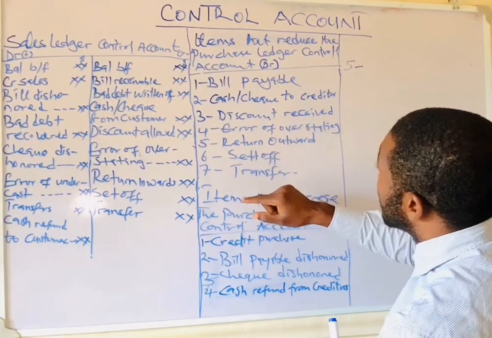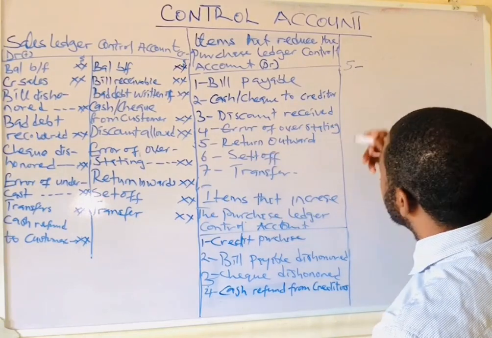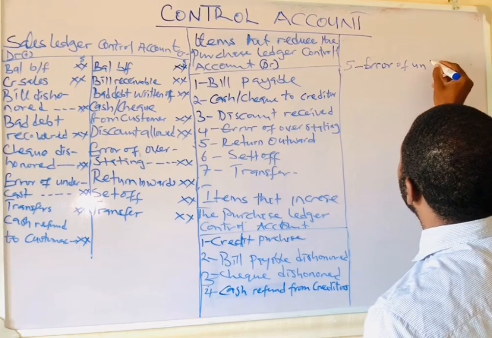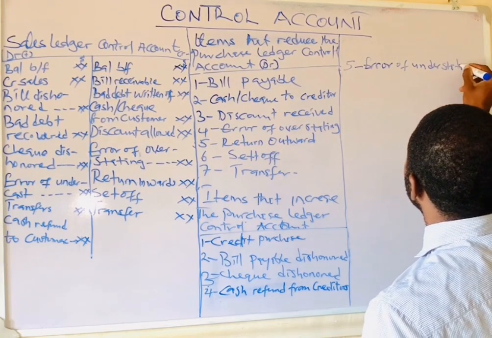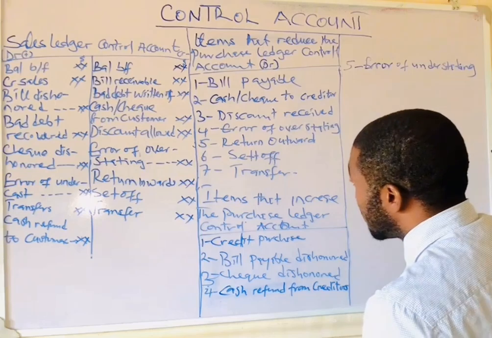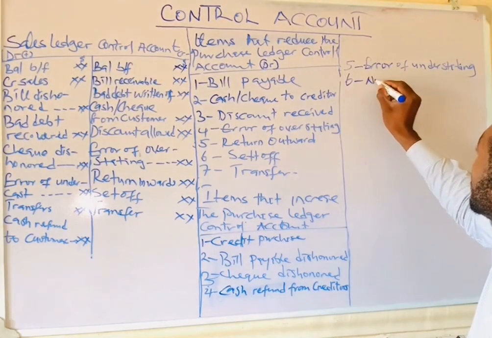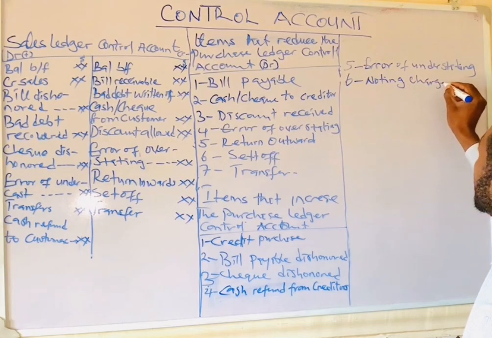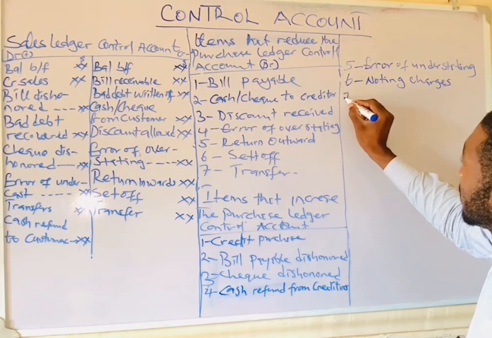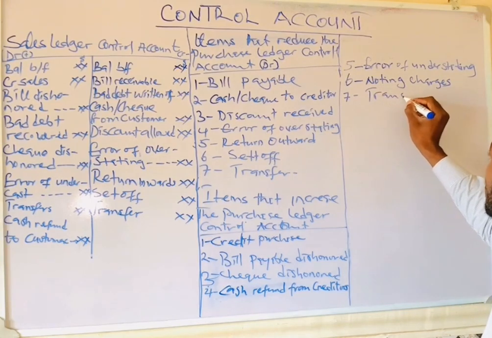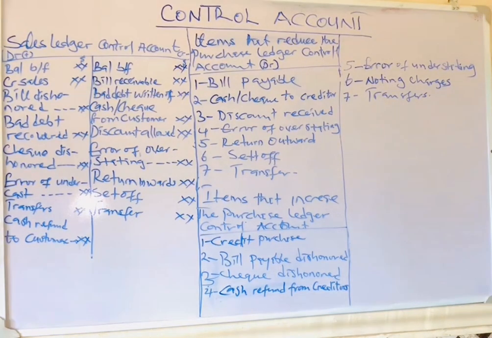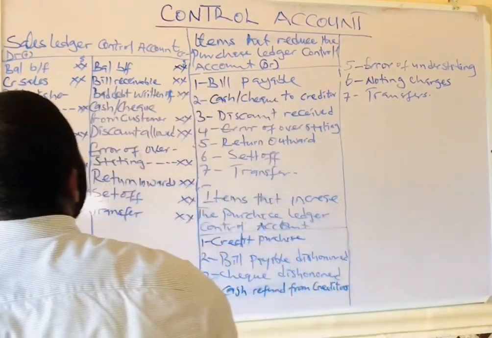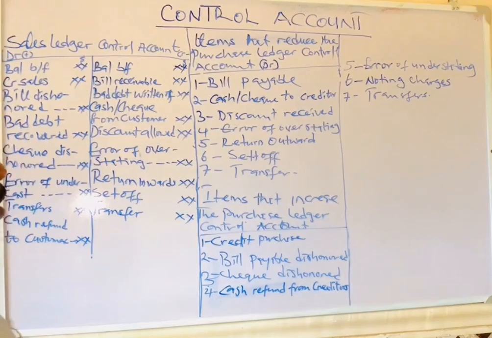Discount received. Error of understating. Number 6. Nothing charges. Number 7. Transfer. So these items increase your purchase ledger control account.